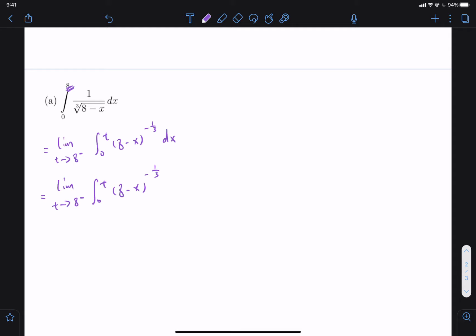So we can change this to d of negative x, right? By placing a negative sign here. Okay. That's negative x. And also there's no harm to add 8, right?